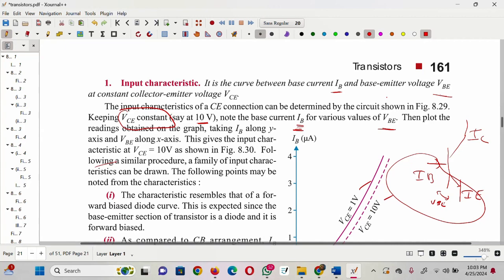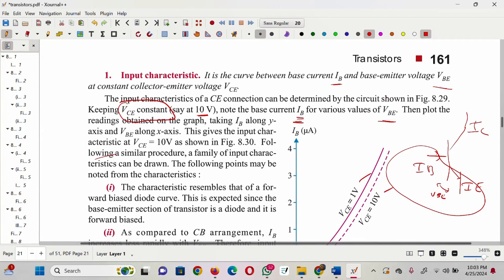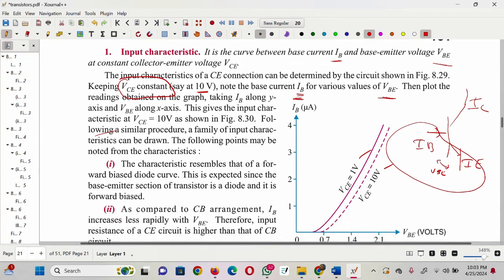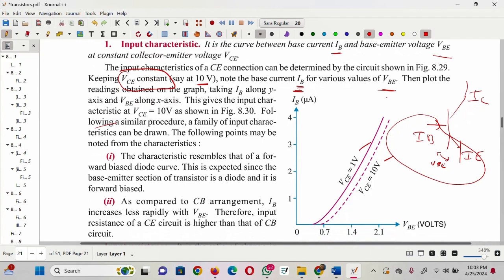You can look at this graph, and this information is very important while writing the examination. Here VCE is kept at 1 volt, then 10 volts like this, and again we can keep VCE equal to 15 volts.